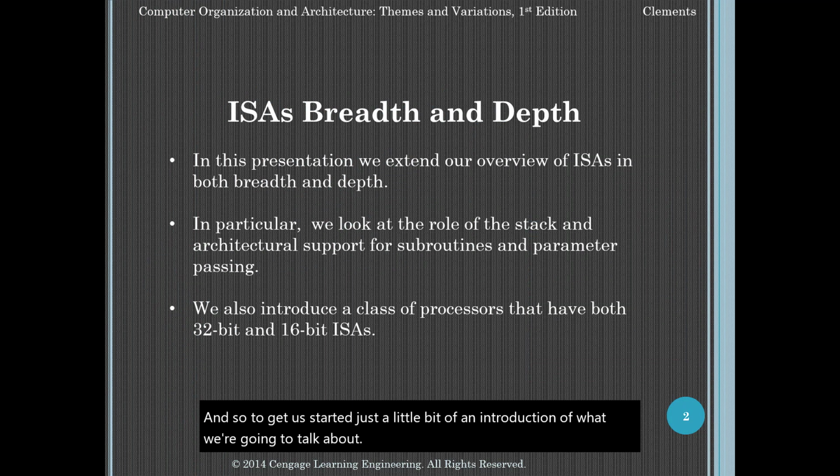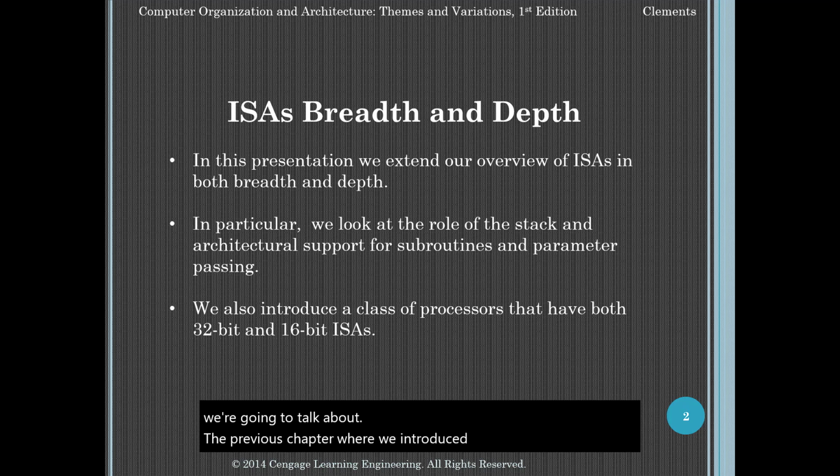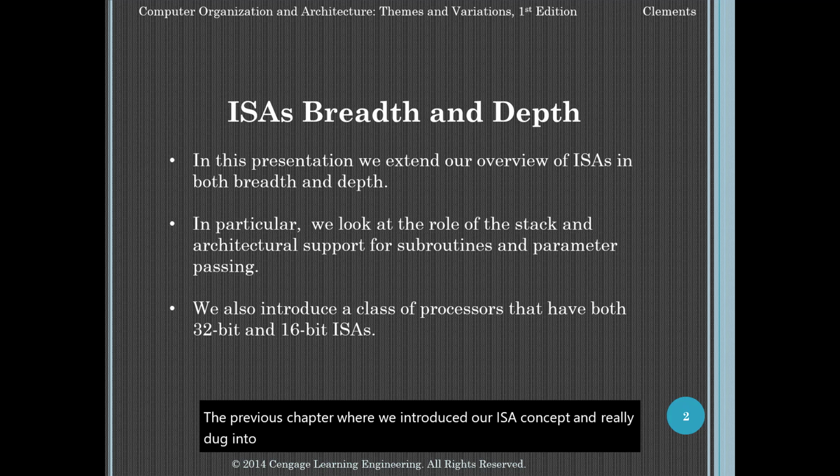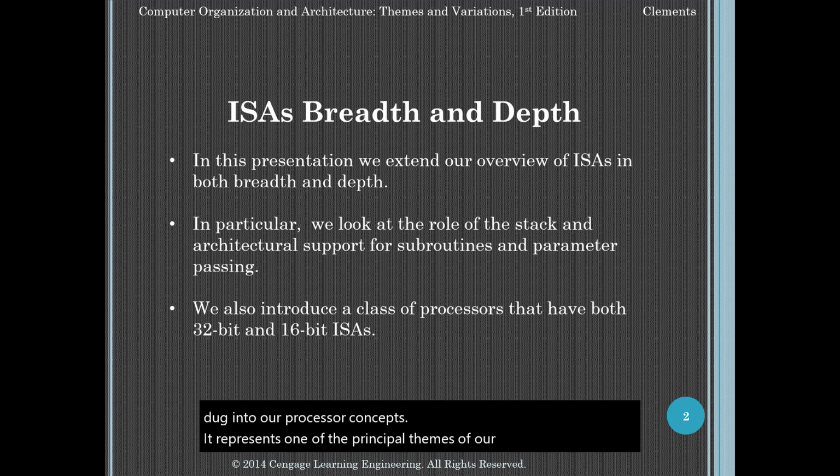The previous chapter, where we introduced our ISA concept and really dug into our processor concepts, represents one of the principal themes of our textbook and of what we're trying to accomplish in this course: the architecture of a microprocessor together with an introduction to its assembly language.